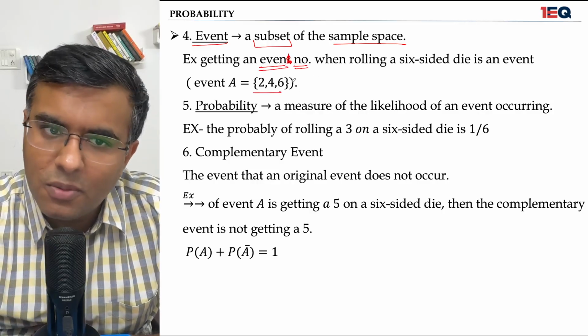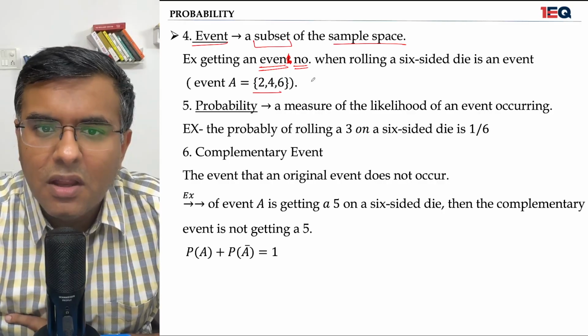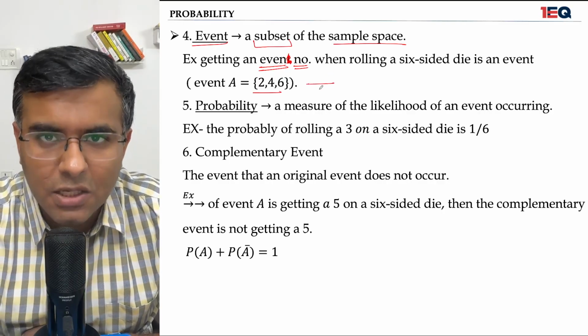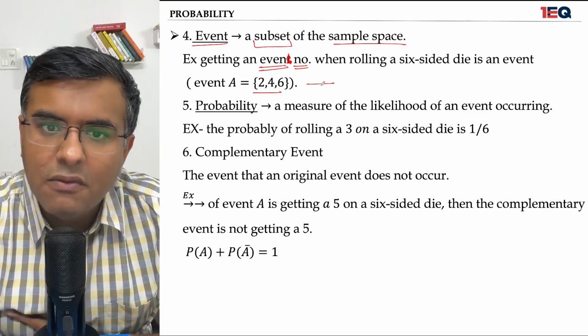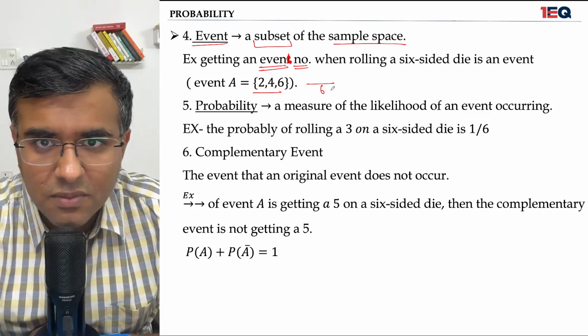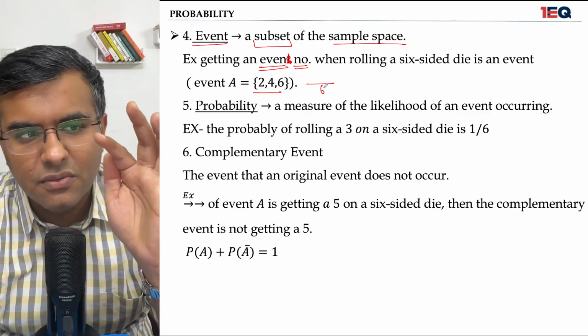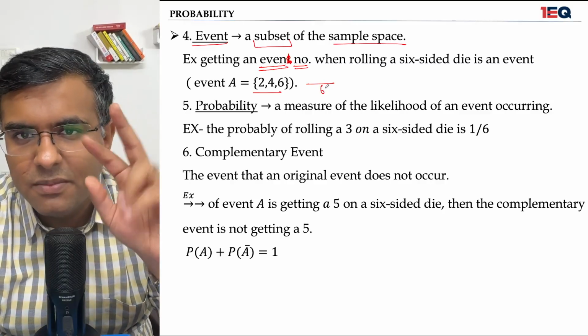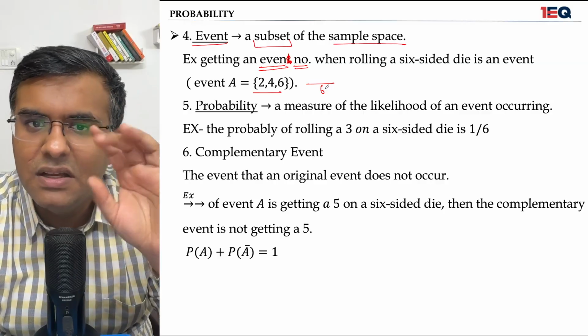So 2, 4, 6, all of them are even, and the total set of observations which we would receive from the sample space would be 6 in nature, because when we count from 1 to 6, 1 2 3 4 5 6, we have 6 observations.